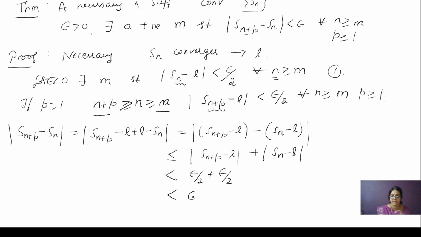So this is less than epsilon for every n greater than or equal to m and p greater than or equal to 1. So this proves that modulus of Sn plus p minus Sn is less than epsilon. So this proves the necessary condition: if the sequence converges, then this condition is necessary. So that is proved now.